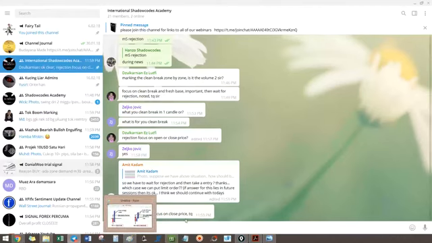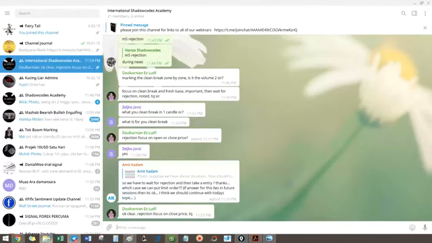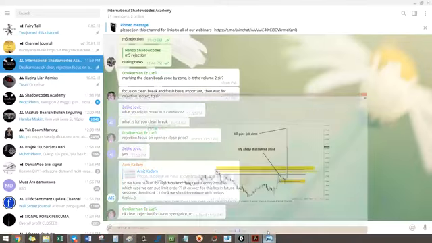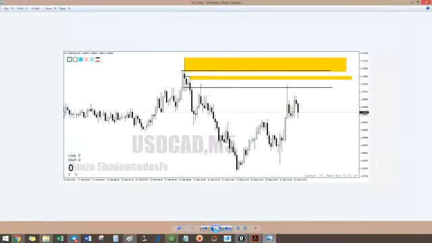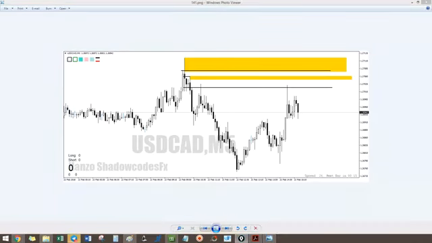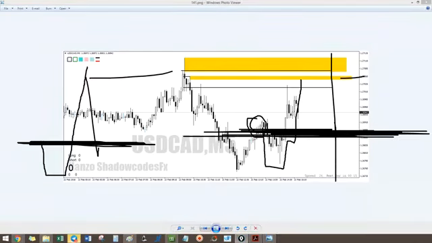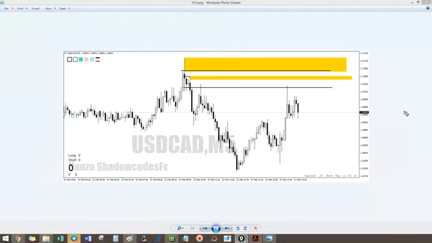Amit, do you like to trade QM, Quasimodo? I'll show you something. For example, this is a high, low, high, low. This is a QM level, correct? Oh, need to delete this.